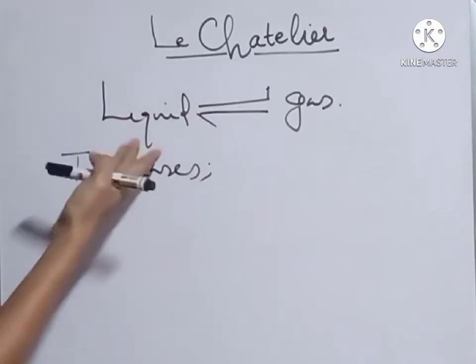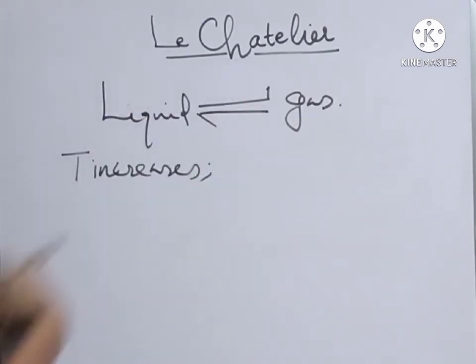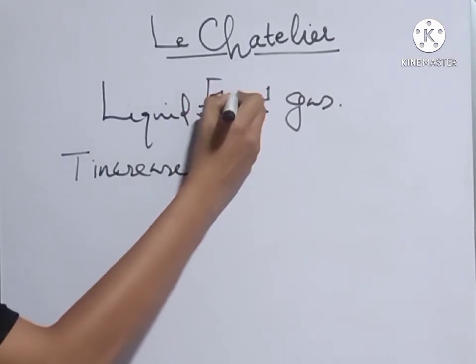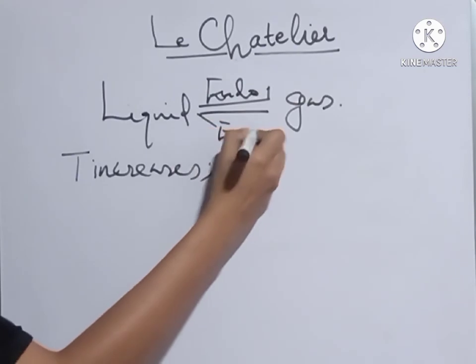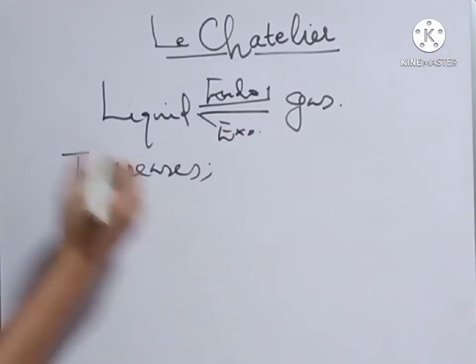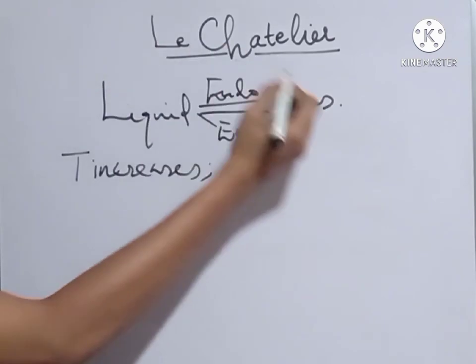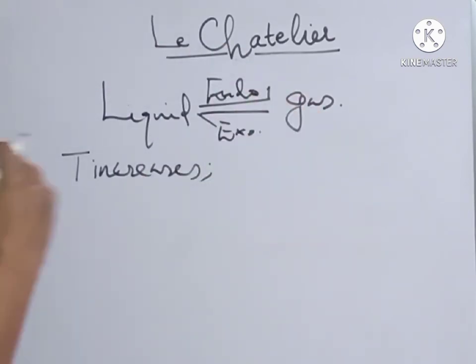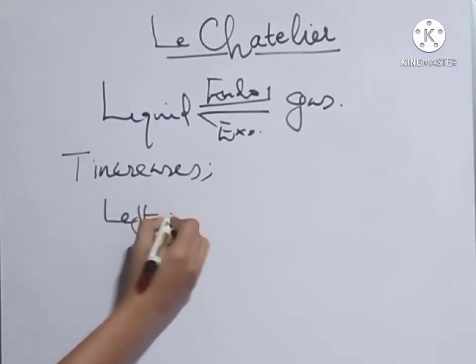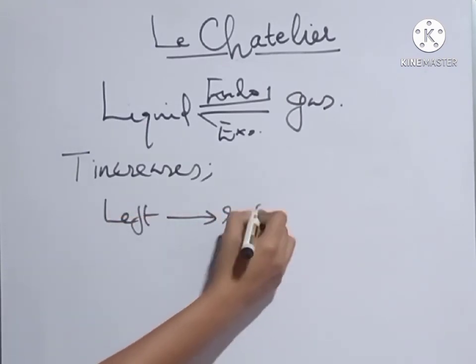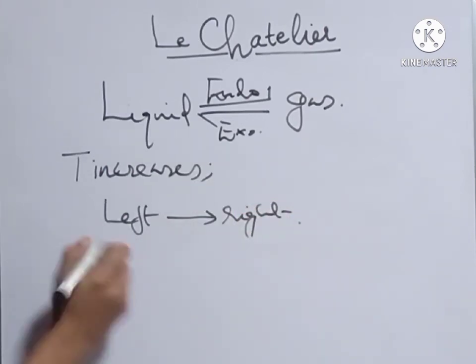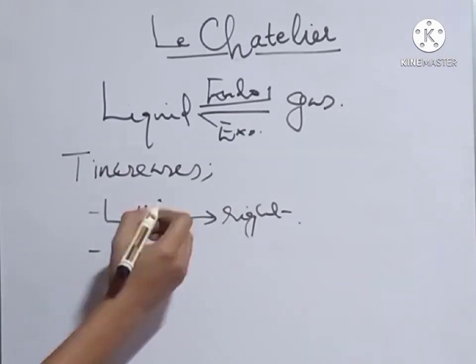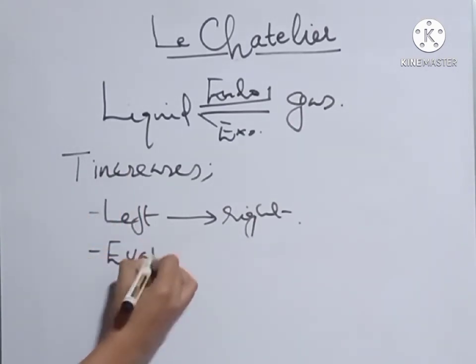So here in this physical equilibrium, liquid to gaseous conversion is an endothermic process and the backward conversion is exothermic. So when temperature increases, liquid converts to gaseous state, or the reaction shifts from left to right. So the forward reaction increases to a larger extent. So increasing temperature favors evaporation.